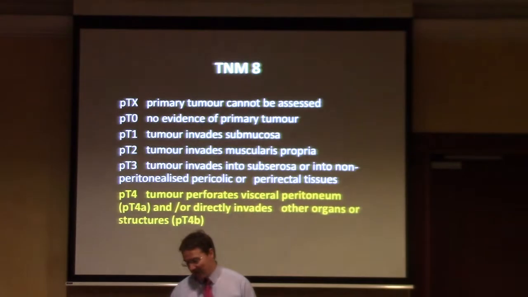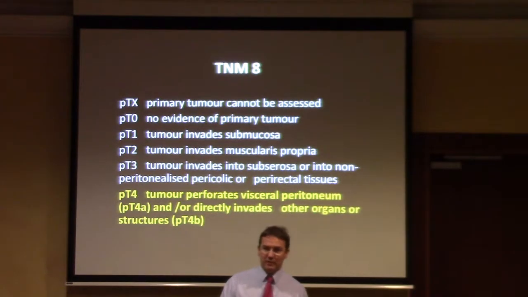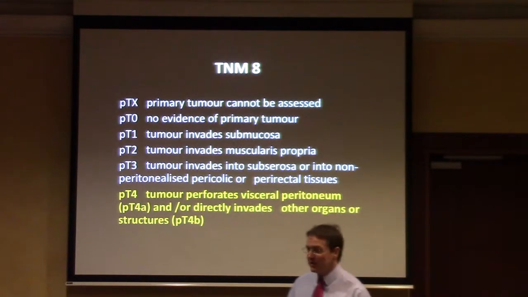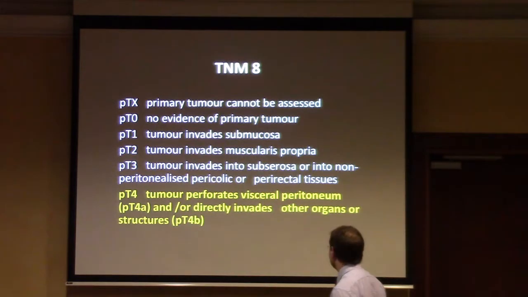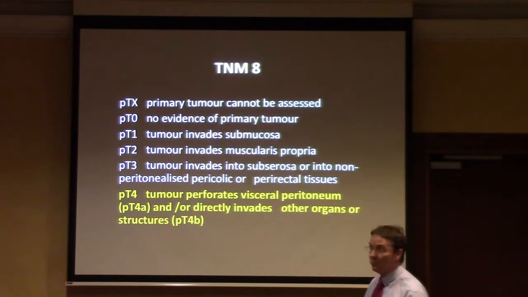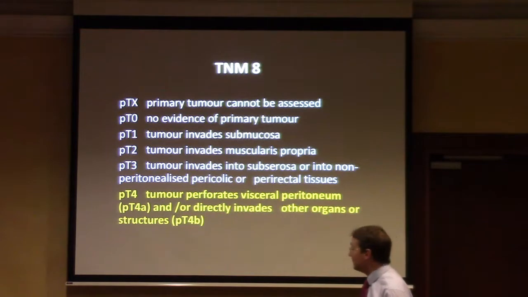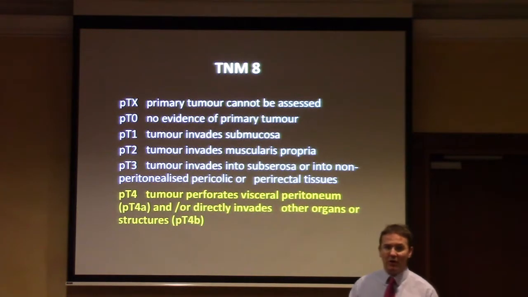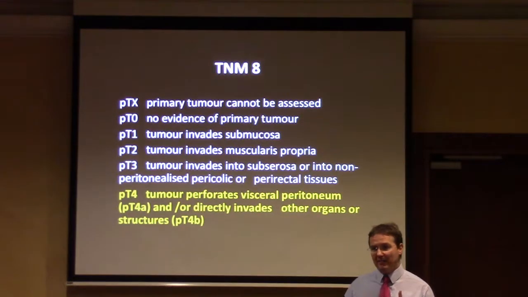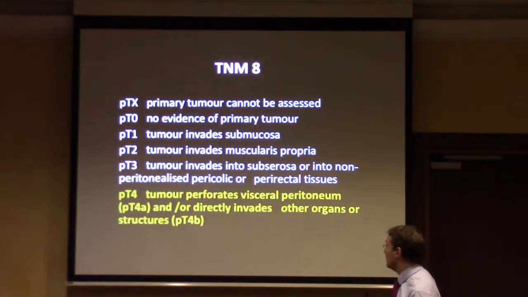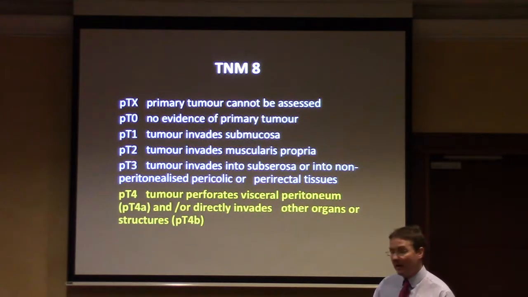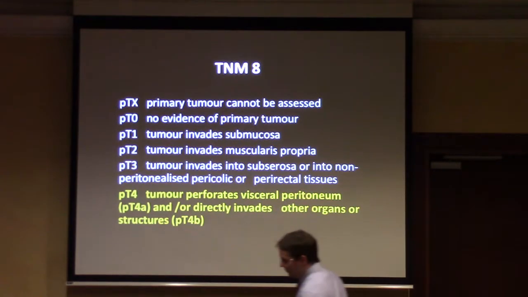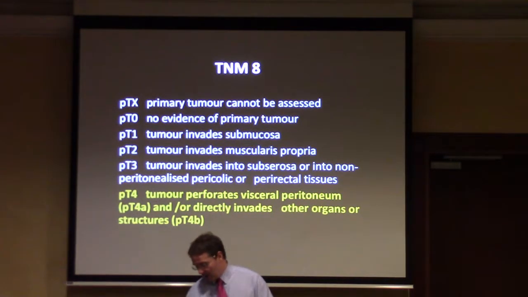In TNM8, that's PT4A, so that was a reversal from earlier TNM versions where PT4B used to be serosal infiltration, and then they swapped it around because basically SEER data from America showed that unsurprisingly adjacent organ involvement was associated with a worse outcome and prognosis compared to just serosal penetration.